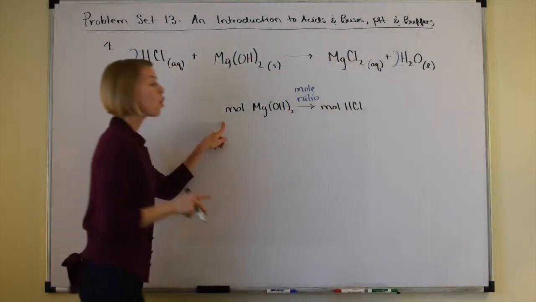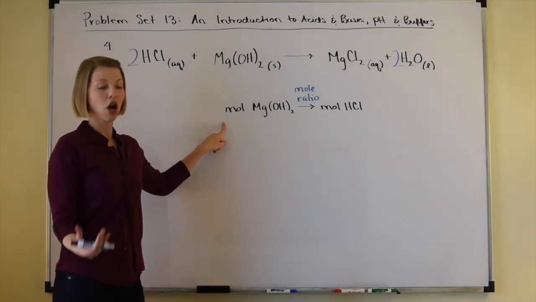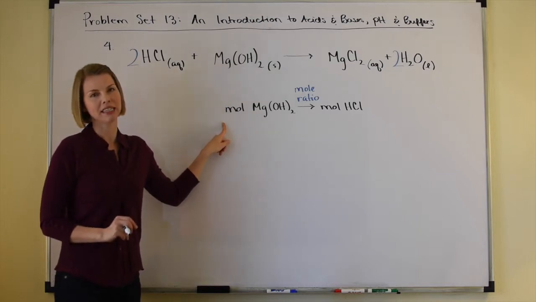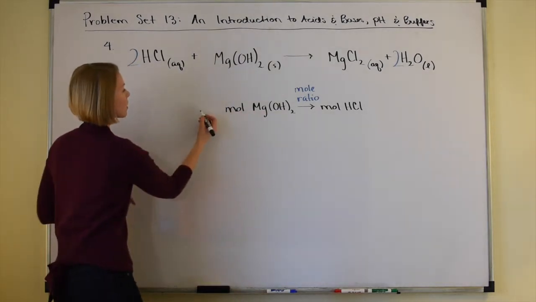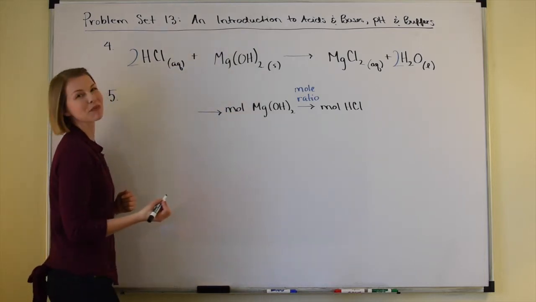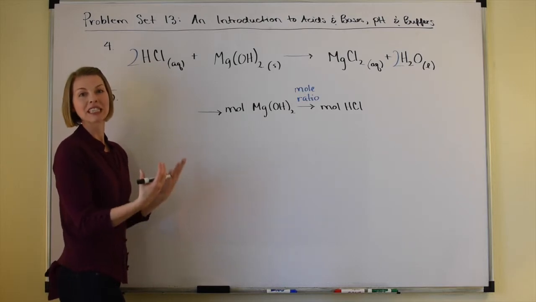But unfortunately, we don't yet know how many moles of magnesium hydroxide are reacting. We are given 500 milligrams as the quantity of magnesium hydroxide. But we do know, or I hope you know, how to convert between grams of a substance and moles of the same substance.